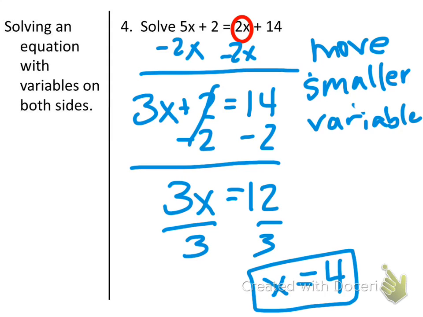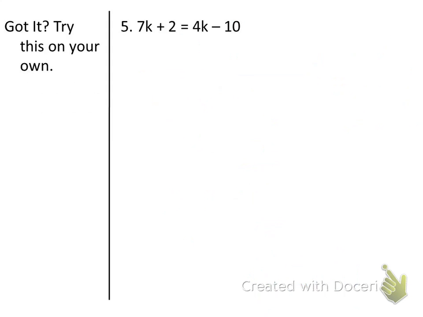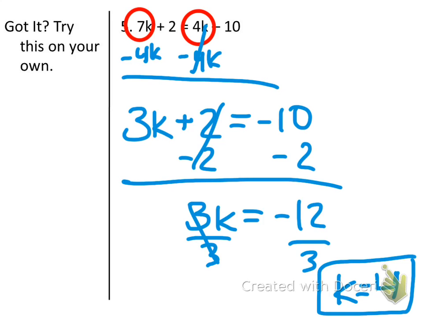That is correct. Okay, I'd like you to try number 5 on your own. Please pause the video. Okay, as we can see, the answer you should have gotten was k equals negative 4.